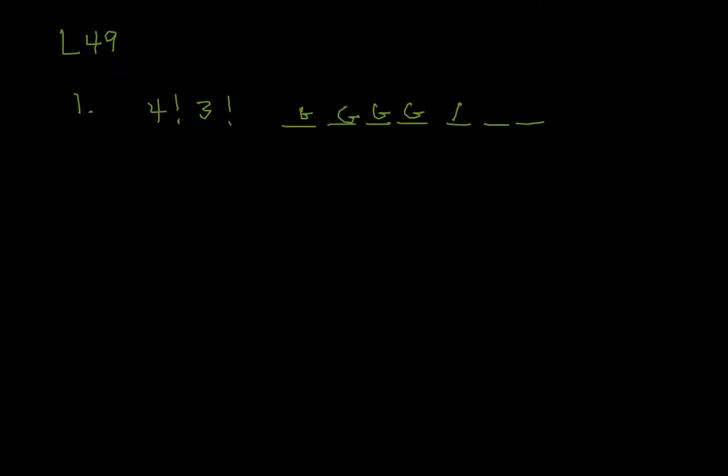There's your geometry books, there's your algebra books. They're distinct books, they're all different. You can arrange the geometry books 4 factorial different ways, and the algebra books 3 factorial ways. Anytime you're arranging books that are different, or each individual, it's going to be factorial.